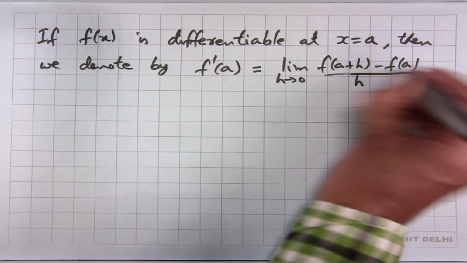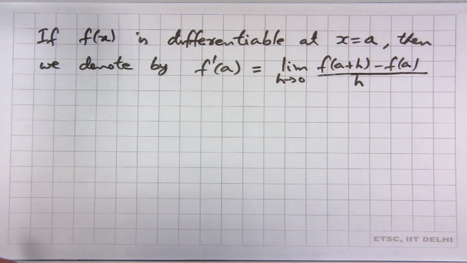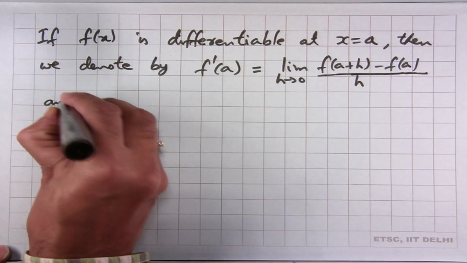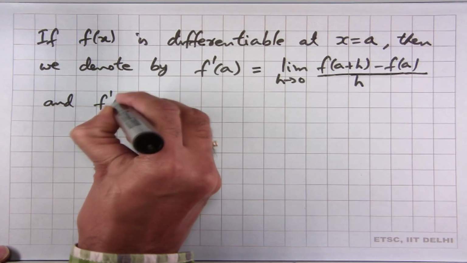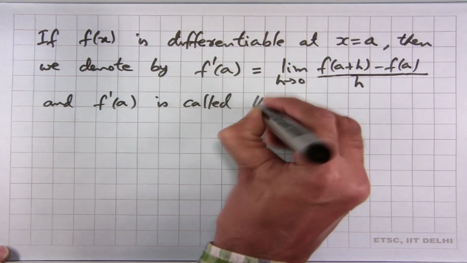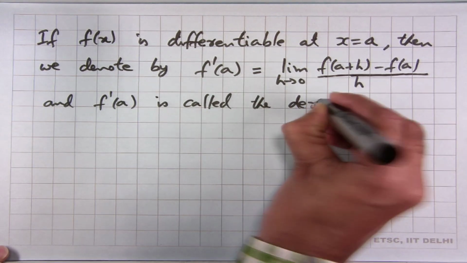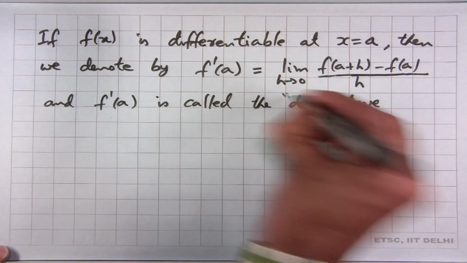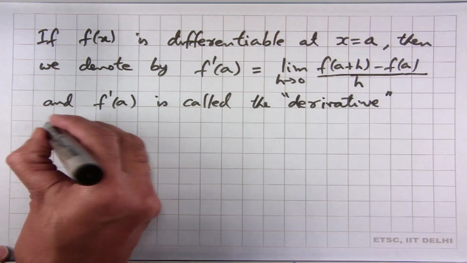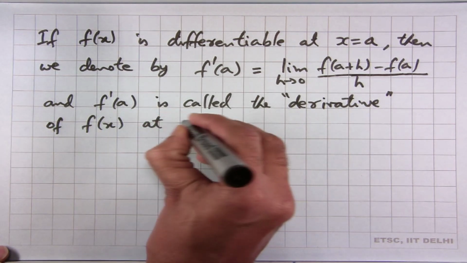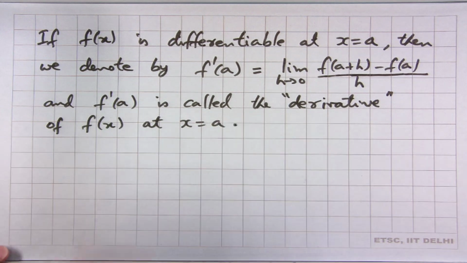So, if the function is differentiable, that is this limit exists, then this limit is defined to be f prime a, and f prime a is called the derivative of f of x at x equal to a, right.